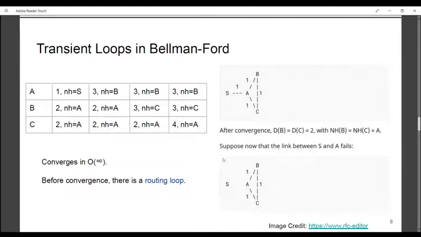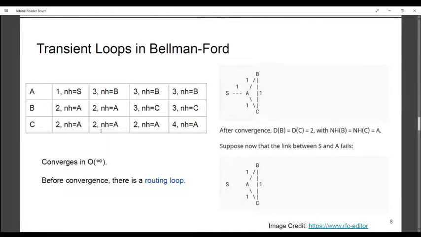So when A detects the failure of the link, A knows it can no longer reach S, but B is still broadcasting the metric of B to A. So A sees that B is telling it that it is at a distance of 2 from S. So A switches its next hop to B, and A broadcasts a metric equal to 3, which is nothing but the sum of the metric of B and the cost of the link between A and B.